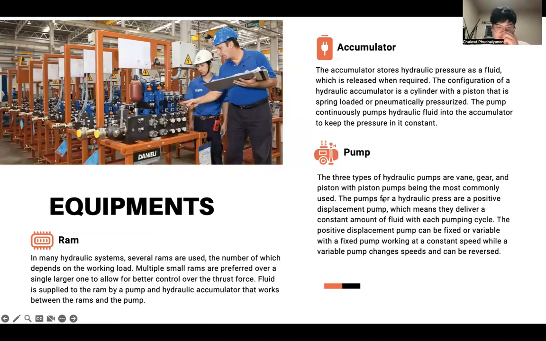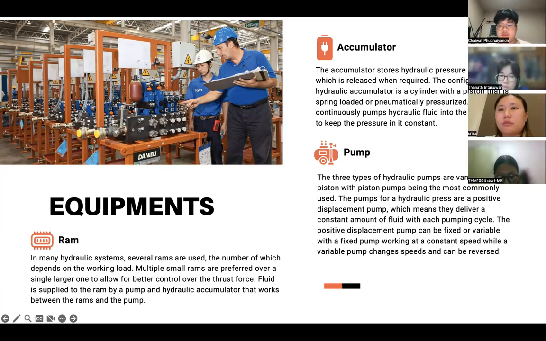So next are the equipment parts of the hydraulic press. We have the ram. In many hydraulic systems, several rams are used, the number of which depends on the working load. Multiple small rams are preferred over a single larger one to allow better control over the thrust force.